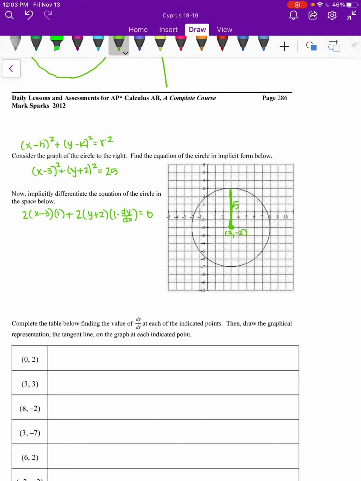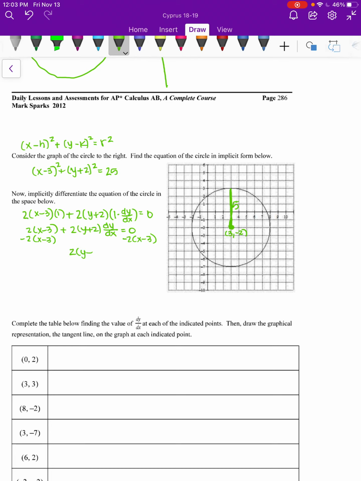Okay. We're going to clean this up a little bit and get dy/dx by itself. So, cleaning it up a little bit, this is just 2 times (x - 3) plus 2(y + 2) dy/dx, and it still equals 0. I'm going to subtract this 2 times (x - 3) from both sides.